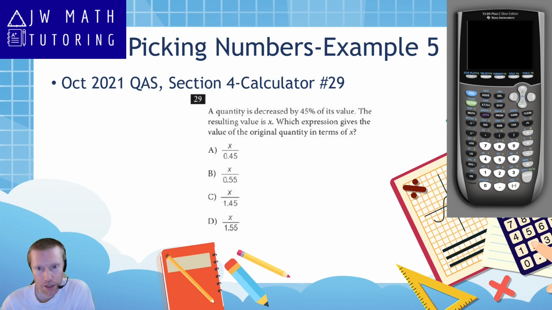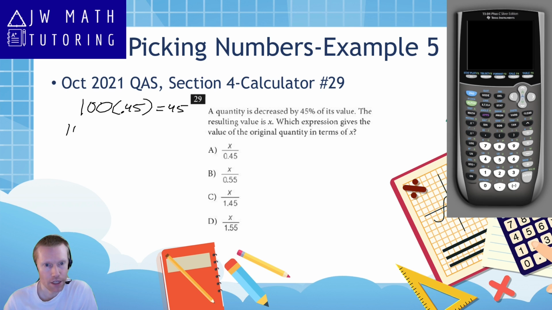So the easiest way to do this one is to start with an easy number to work with, like say 100. If you decrease 100 by 45%, you multiply 100 by 0.45, which is 45, and then subtract it from 100.